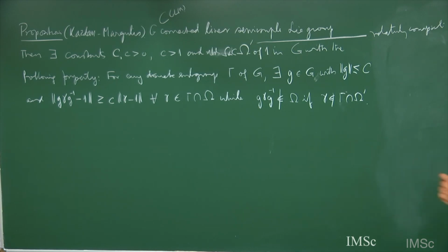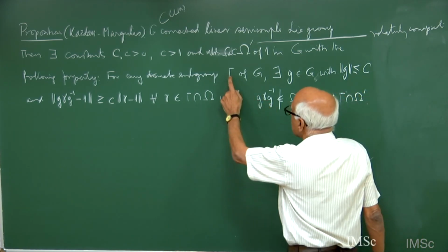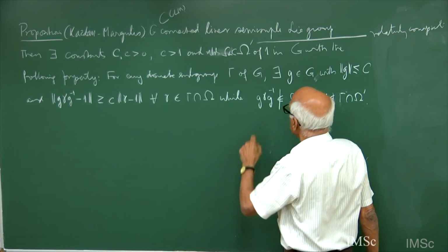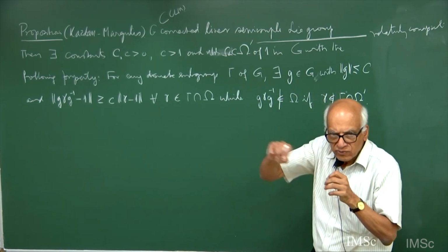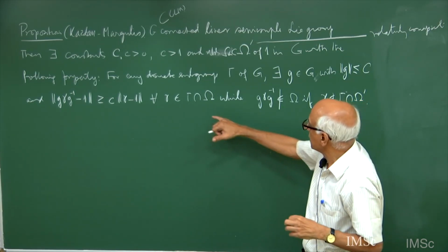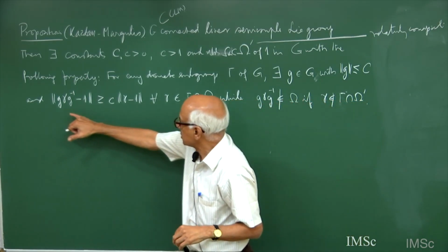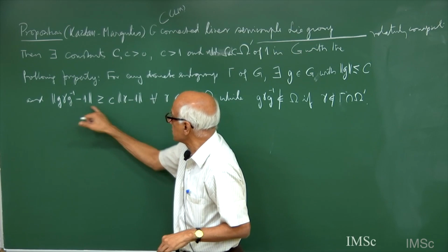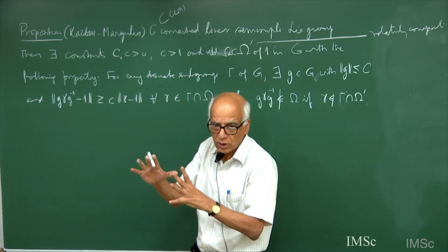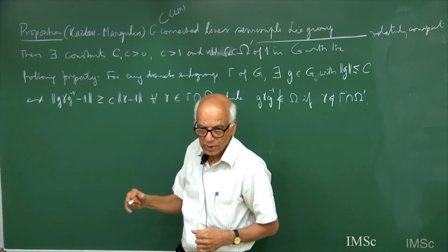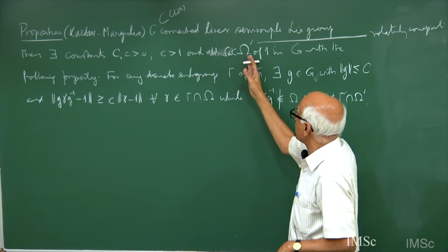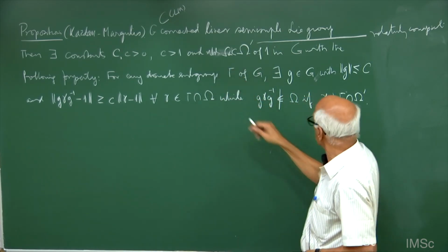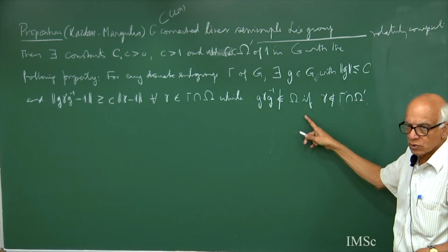So if you look at gamma intersection omega, you can use this element g to make them get farther away from identity. If it's at a certain distance from identity, since c is greater than 1, it pushes out a little bit. And it doesn't bring anything outside omega prime into omega.